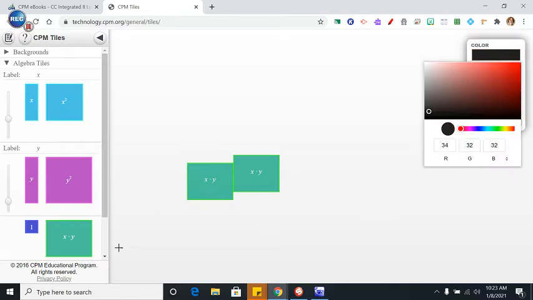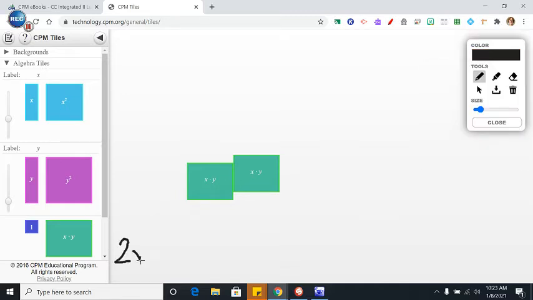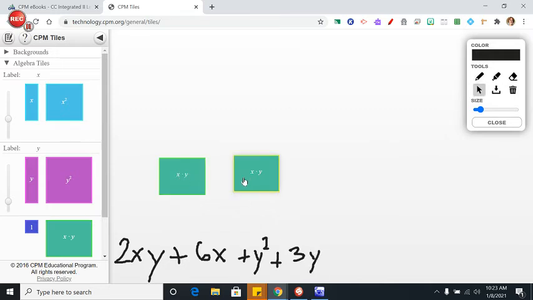Okay, so this is our sum, the area as a sum, and we're going to try and make a rectangle with 2 XY tiles, and then we're going to get 6 X tiles, and then we're going to get a Y squared tile, and then we're going to get 3 Y tiles. Okay, so I'm going to get all of those tiles and try to make a rectangle.